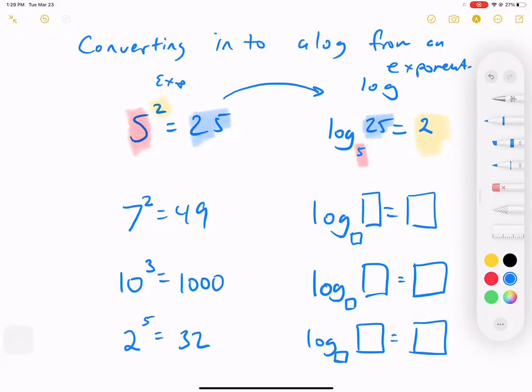What's the base in this problem? The base is 7. The answer is 49. And the exponent is 2. So these are the positions we have to rewrite everything if you're going to write something in the log version. The base is 7. The answer is 49. And what exponent got me to 49? 7 squared. Circle of logs. 7 squared is 49.